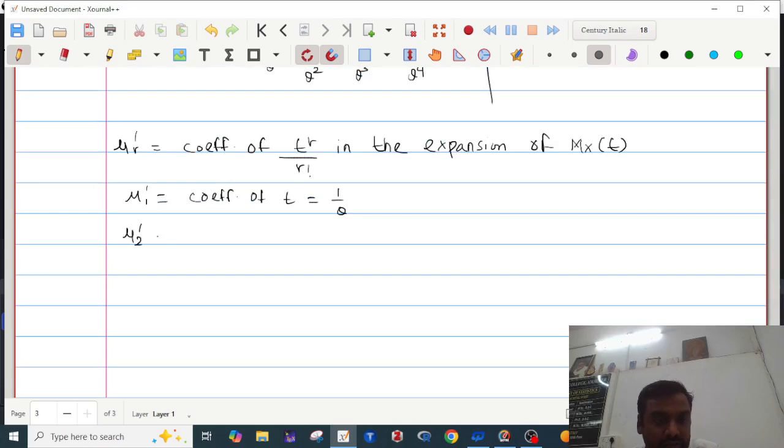Mu 2 dash is nothing but the coefficient of t square upon 2 factorial.